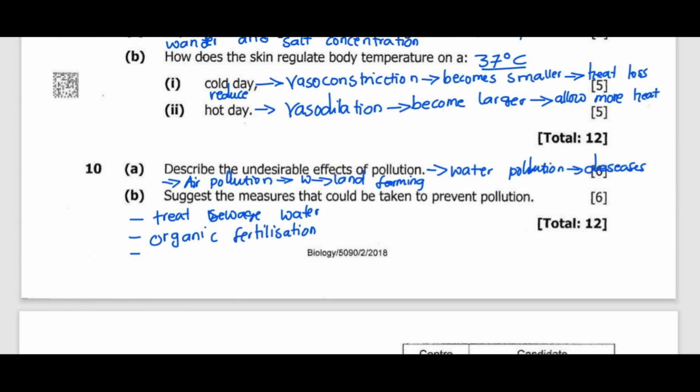If we take advantage of those and make compost manure, it may protect the land from pollution. Then for other activities, like those that use fire for burning charcoal, and gas stoves, we need to educate and reduce dependence on them, and use stoves that do not produce too many gases. So these are some of the measures that we can use to alleviate problems like pollution.